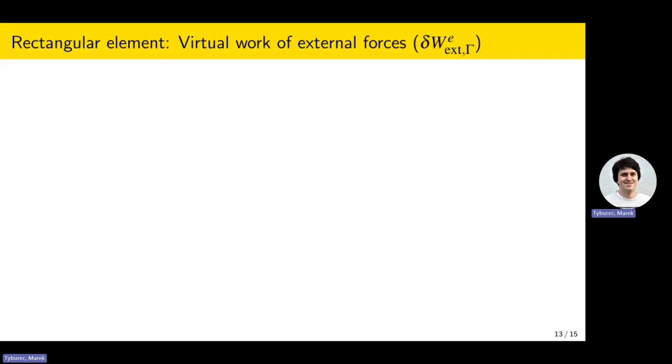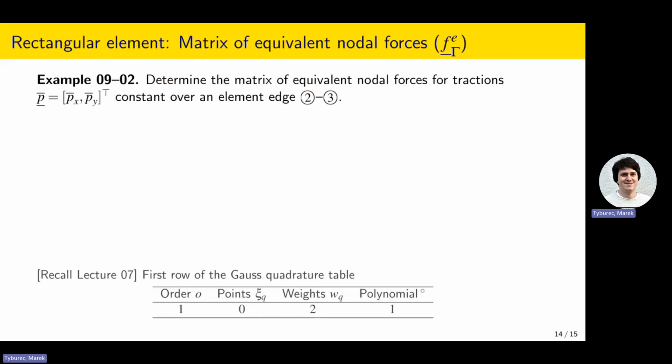Okay, so now we have this, and what to do with it? I think best would be again to show an example, and especially in this case it's somehow revealing how that actually works, because now we have integration on the boundary. Okay, so the setting now is, again, we have this kind of element, 1, 2, 3, and 4.